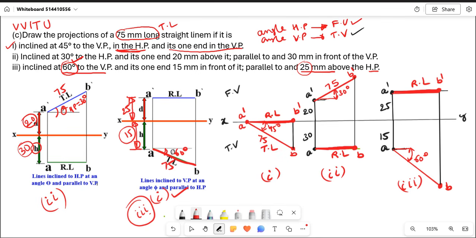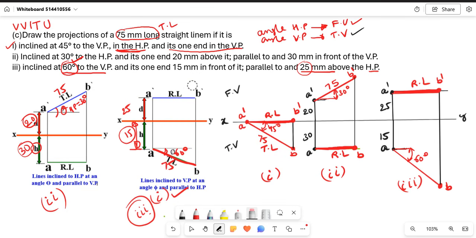But remember, here I am showing the distances 75, 25, 15, 20, 30 just as numbers. But we have to show them in the dimension format as explained in the previous case. Like this I need to show these distances. So if this A dash is, let us say, 25 mm, draw this extension line, draw this extension line, draw the line and give a gap in the middle, fill the arrow marks here, and write its respective value in the middle.